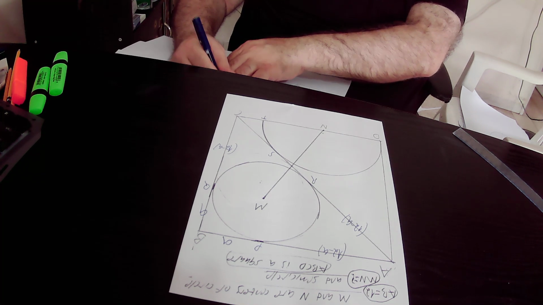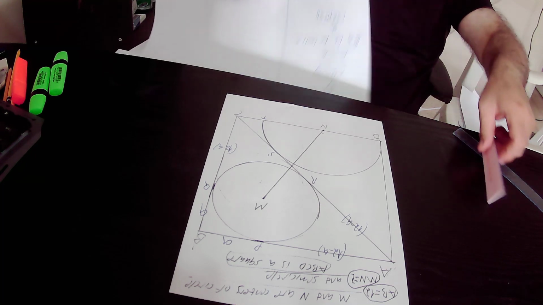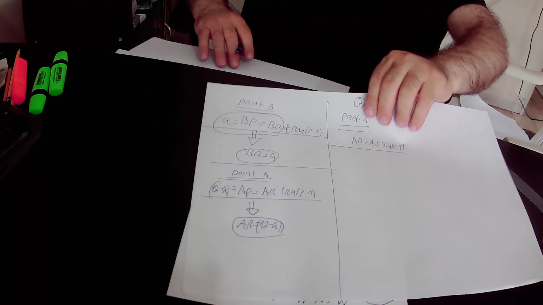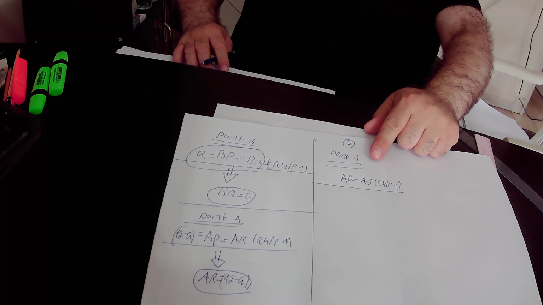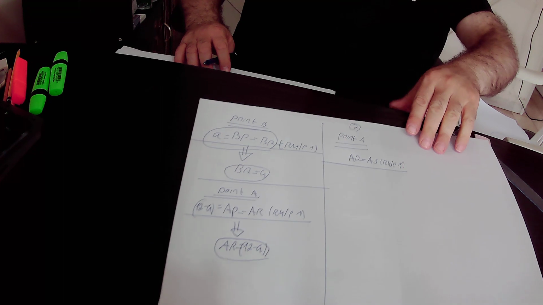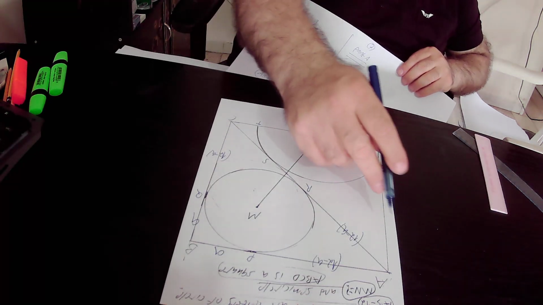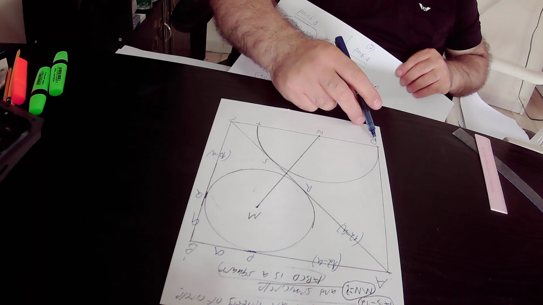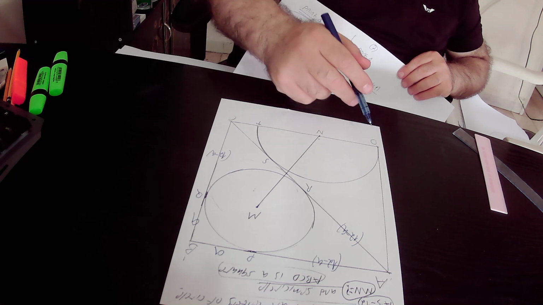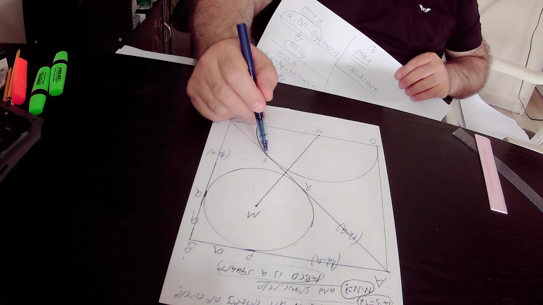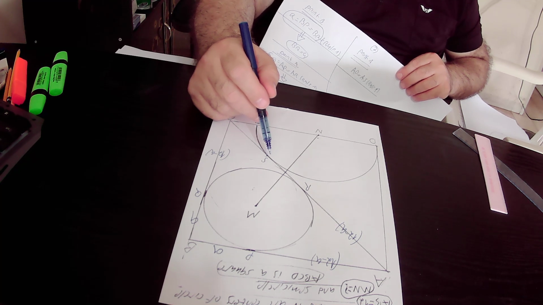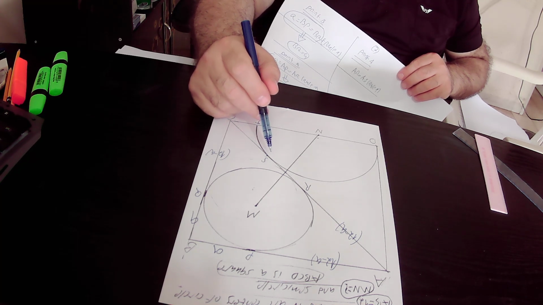According to rule number 1, the lengths of those two tangents are equal to each other. That is to say, AD is equal to AS. Here AD, the point of tangency is at point D, must be equal to AS. Here the point of tangency with the semicircle is at point S. So according to rule number 1, AD equals AS.